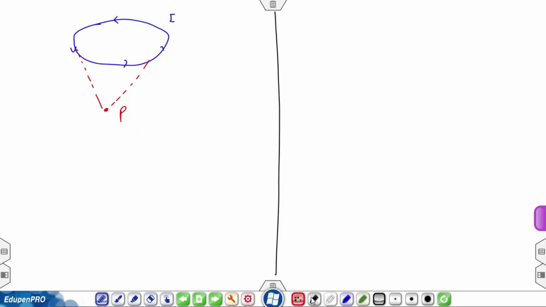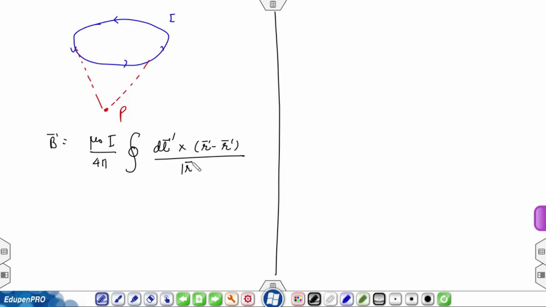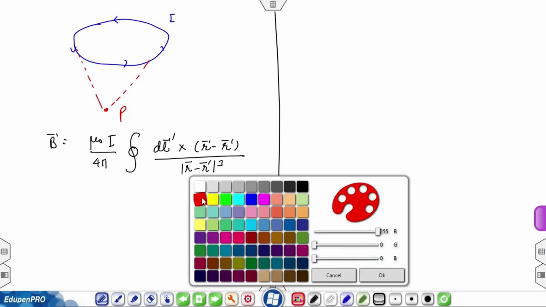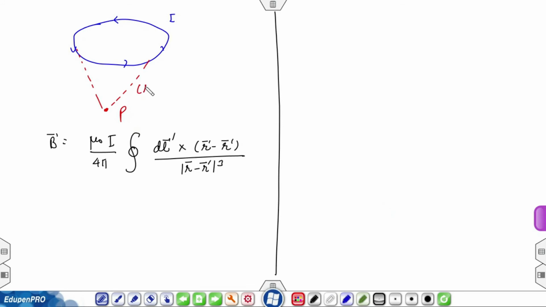So, that field B is given by mu naught I over 4 pi integration over the loop dl prime cross r minus r prime over r minus r prime cubed. Let us see what the vector r minus r prime is. The vector r minus r prime is this, pointing towards P, that is r minus r prime.